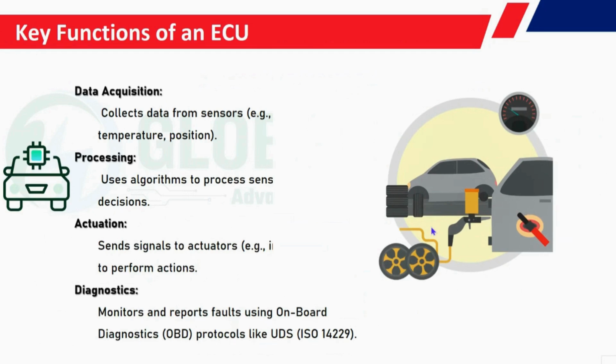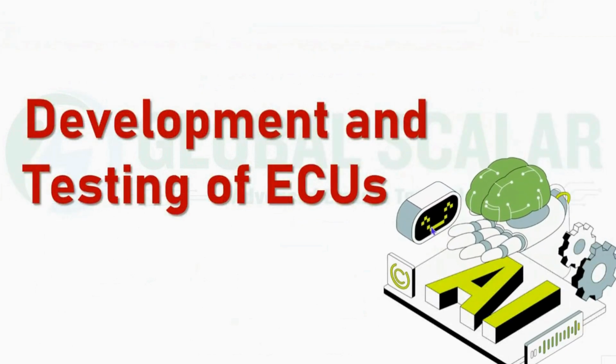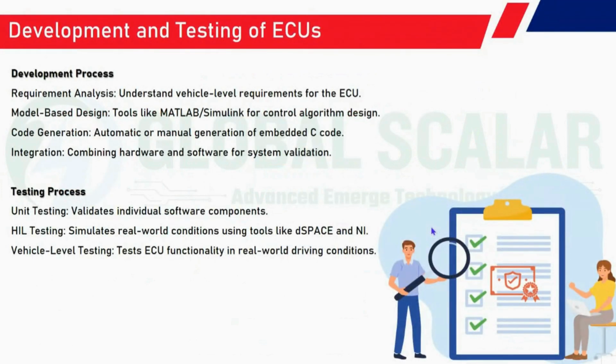So with respect to the diagnostics, how that can be developed and tested can be performed in the ECUs. So the development process where we work on the requirement analysis. We need to understand the vehicle level requirement and the ECU, and that can be configured with respect to the model in MATLAB Simulink.